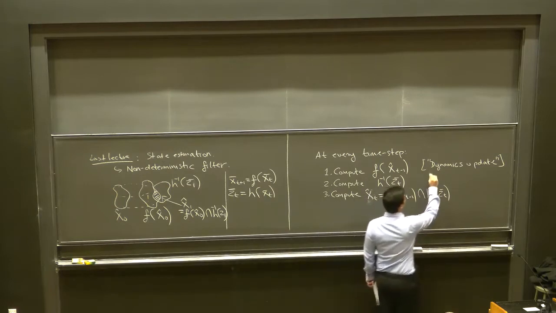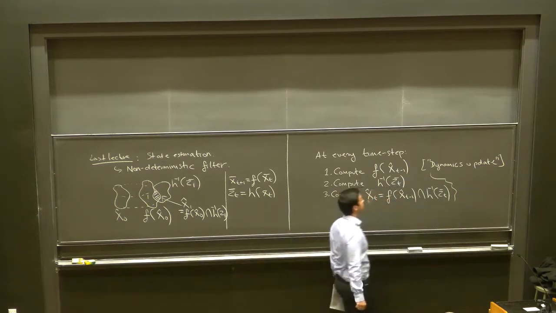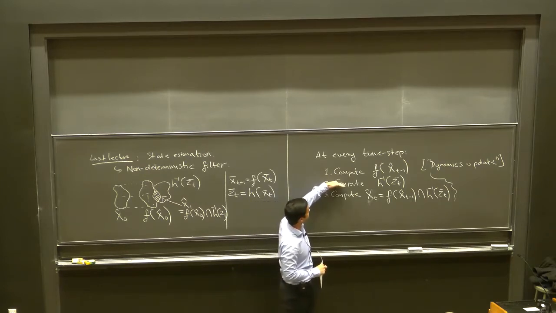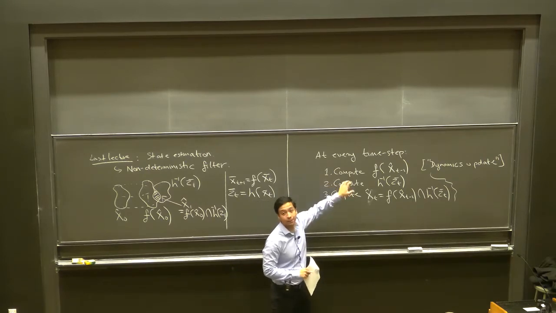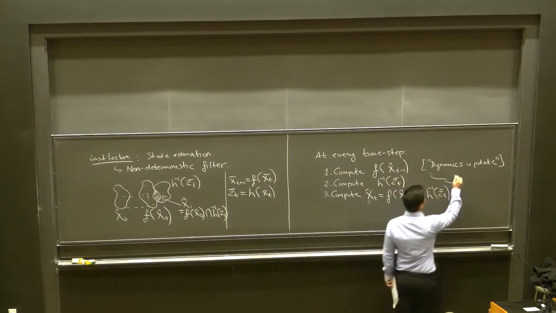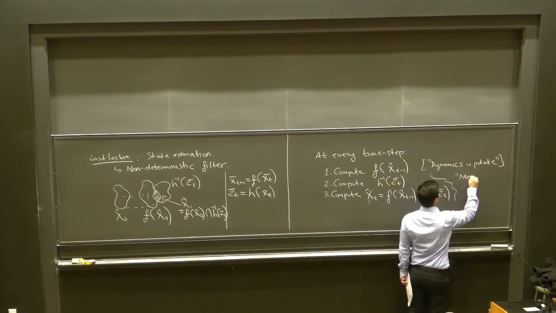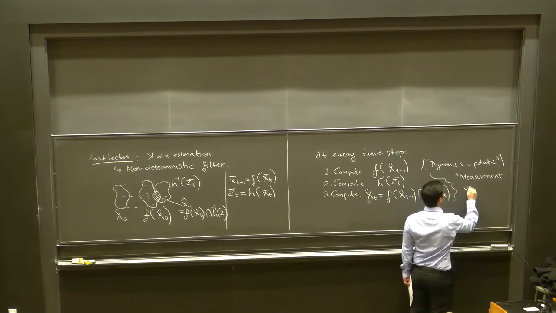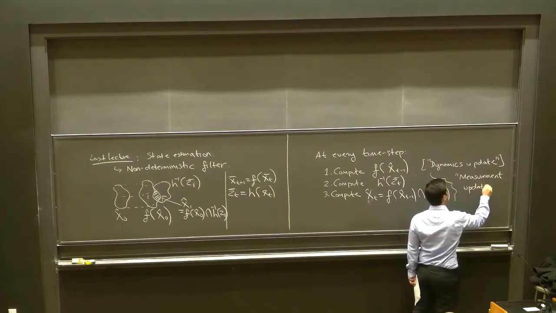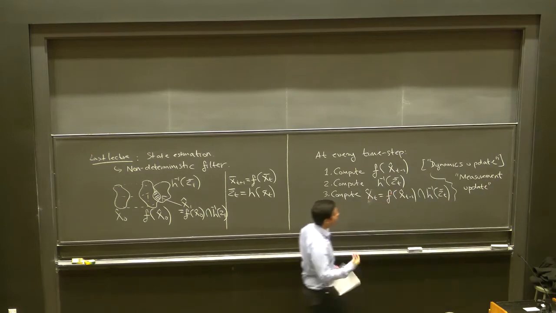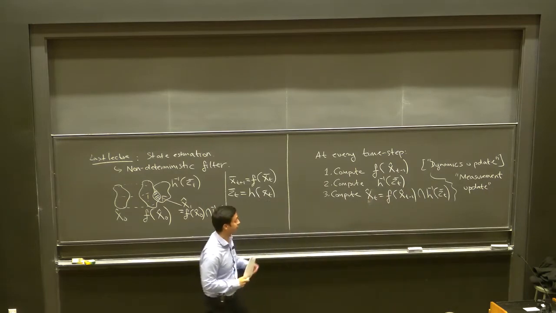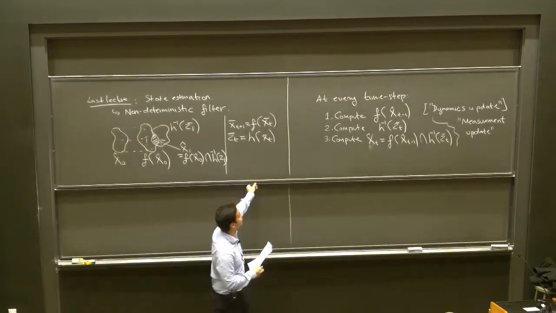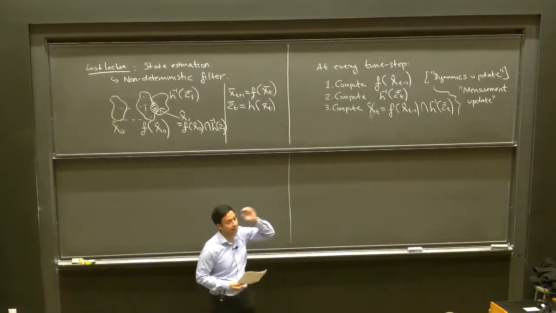And then these two steps, well, it kind of depends on the context, but either this step or usually these two steps combined is called the measurement update, where we incorporate the new sensor measurement that the robot receives, combine that with our knowledge of the dynamics to get an updated estimate of where the state can be.